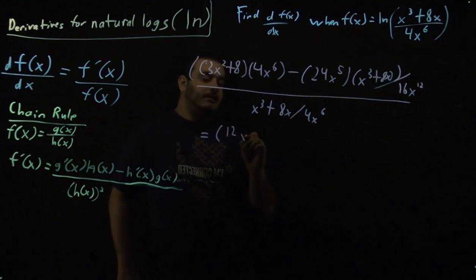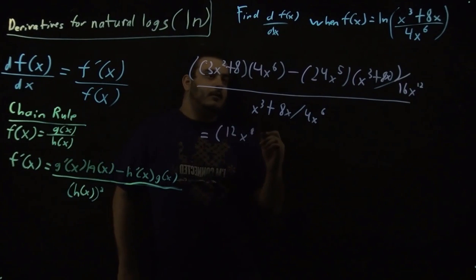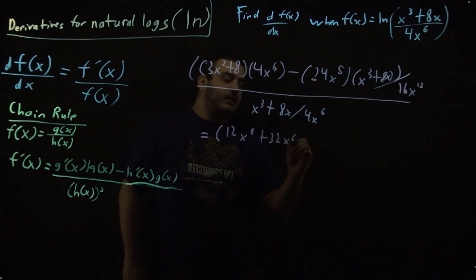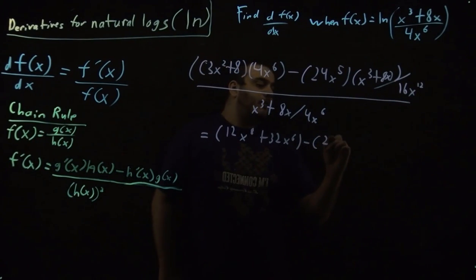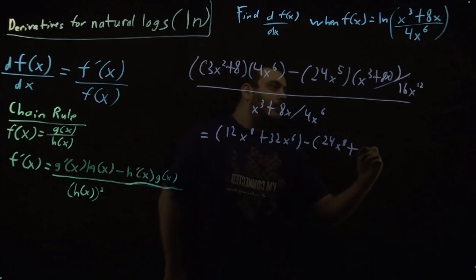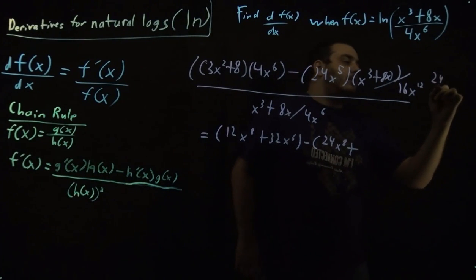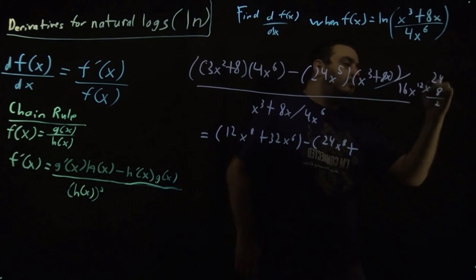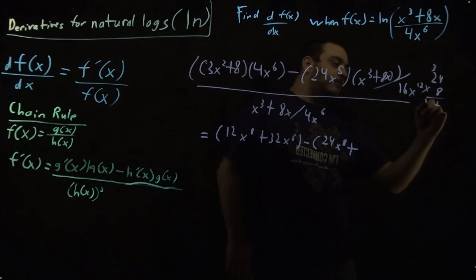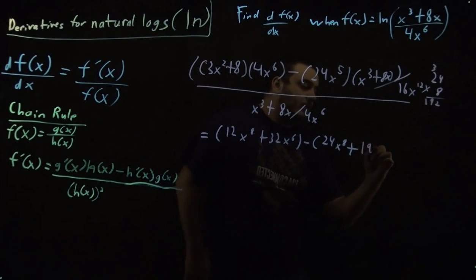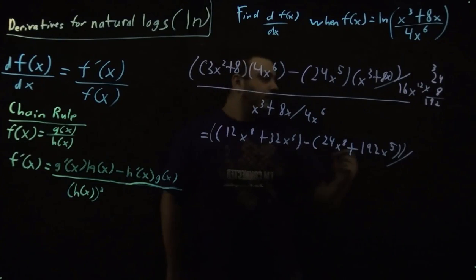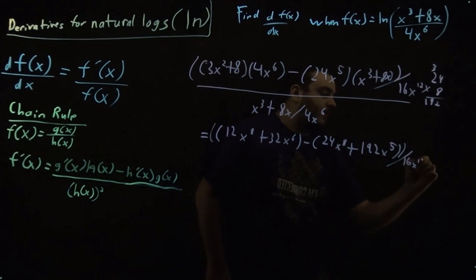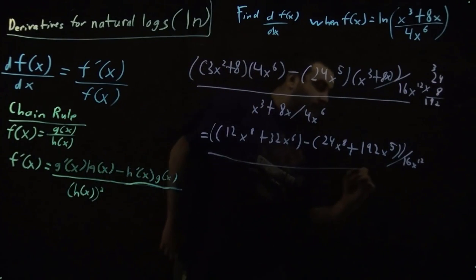That's 12x to the power of 8 plus 32x to the power of 6 minus 24x to the 8th plus 8 times 24, 24 times 8, that's a 2, there's a 3, that's 192x to the 5th, all divided by 16x to the power of 12. That's the numerator completely.